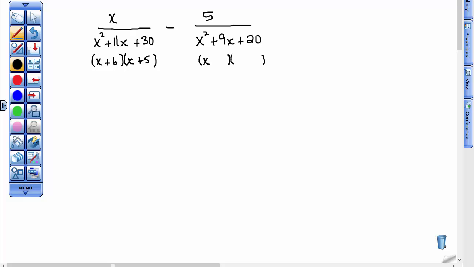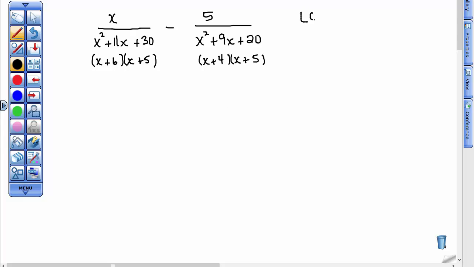Again, it's a 1x squared, so we know the first term has to be an x in each of the binomials because their product has to be x squared. The two numbers that multiply to be 20 and add to be 9, 4 and 5, are the rest of those binomials.